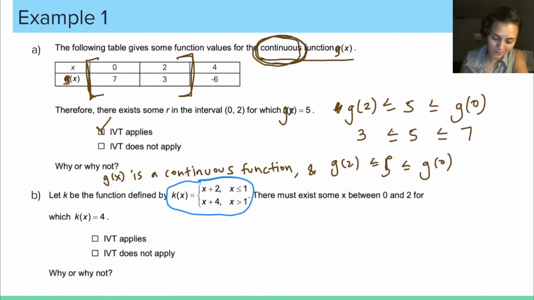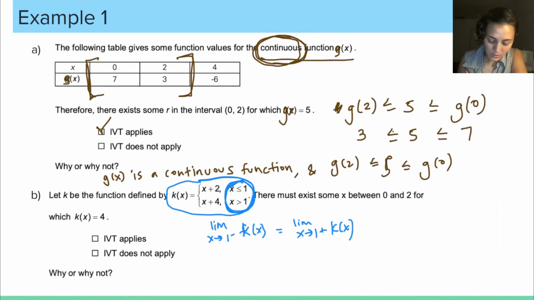So in order to check continuity, let's check to see does the limit as x approaches 1, since that's my transition point, from the left of k of x, equal the limit as x approaches 1 from the right of k of x? So the limit as x approaches 1 from the left will be 1 plus 2. The limit as x approaches 1 from the right will be 1 plus 4.